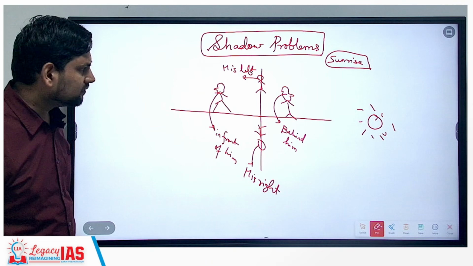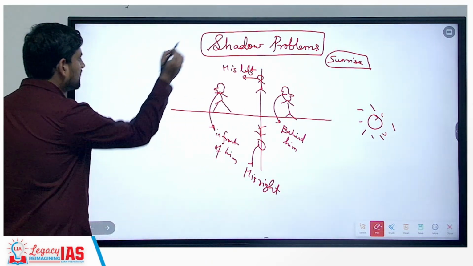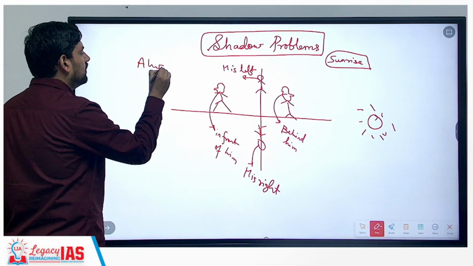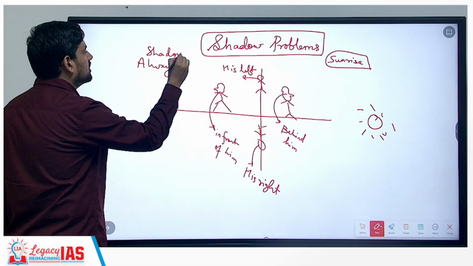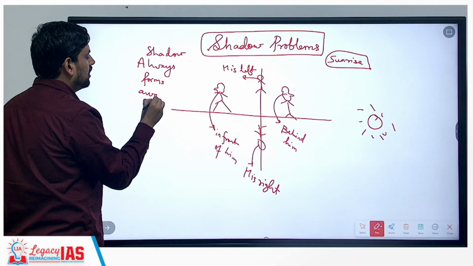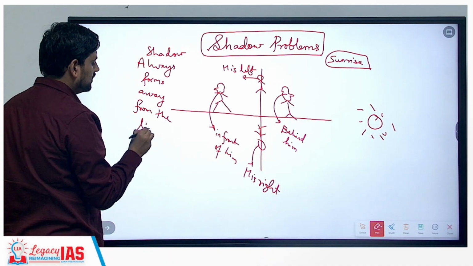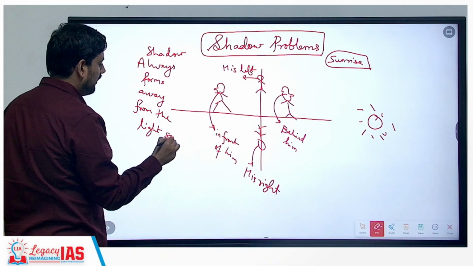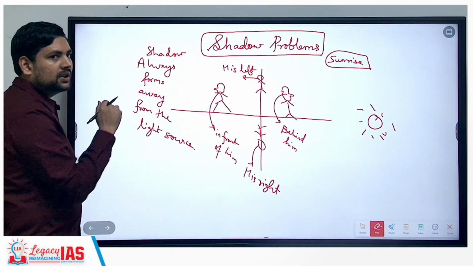One thing you can observe here is that a shadow always forms away from the light source.